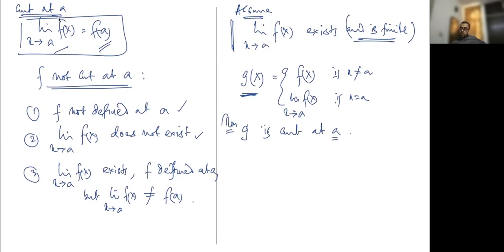So the limit would exist and would be the same as the limit of f(x) as x goes to a. And at this point, you have defined it so that the limit coincides with the value. So this g is continuous at a. So in terms of the original function f, you are able to remove the discontinuity at the point a just by redefining the function at that point. Such a discontinuity point is called a removable discontinuity of f.